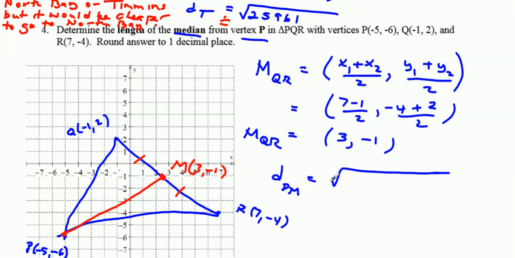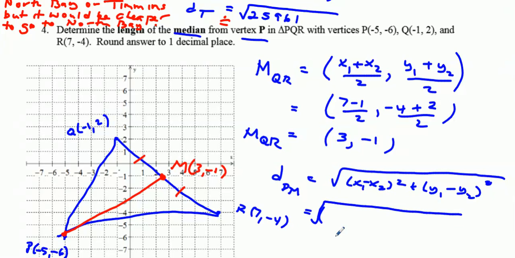Okay, so I'll write those coordinates in, and now I need to find the distance of PM. And of course, just refresh your memory, x1 minus x2 squared plus y1 minus y2 squared. All right, so this is the square root of 3 minus 5, whoopsie, squared plus minus 1 minus 6. Ugh, I keep doing that. Sorry, ignore that comma there. Here, I'll fix it. Okay, so minus 1 minus 6.